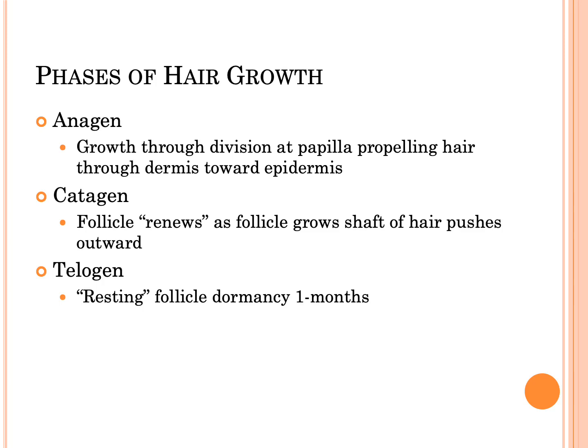Now, this doesn't mean that we're not growing. This means that we're not renewing the follicle, which means that we're constantly renewing follicles every month or so, and we're constantly shedding hair. Now, when you have shorter hair, you don't really notice that the hair is being shed. However, as the hair becomes longer, you start to notice the hair being shed.